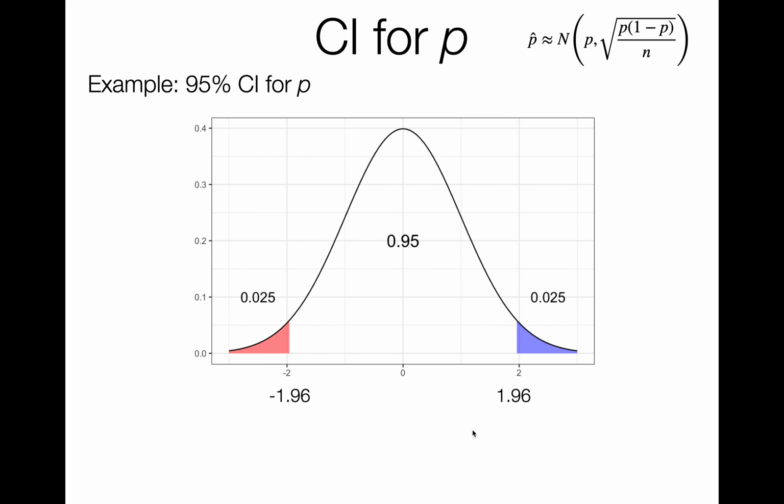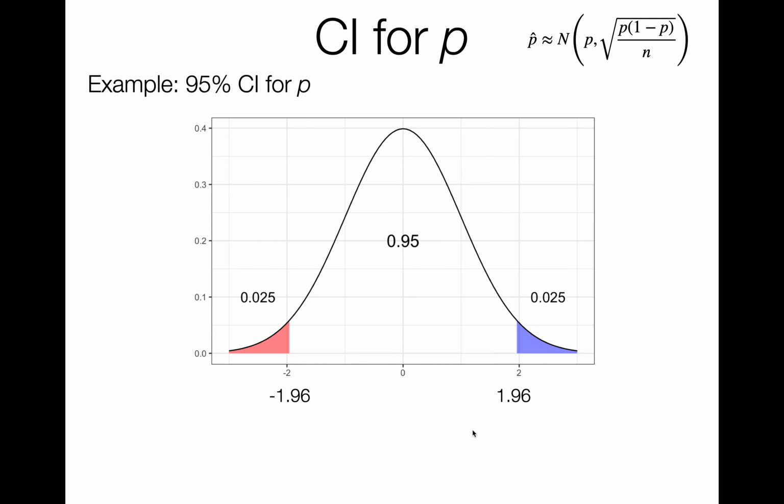So 95% confidence interval for P, that means that 0.95 lies on the inside and 0.025 lies on the outside. Now you might say, really, I should say that if 95% lies on the inside of what I want, that means that 5% lies on the outside.